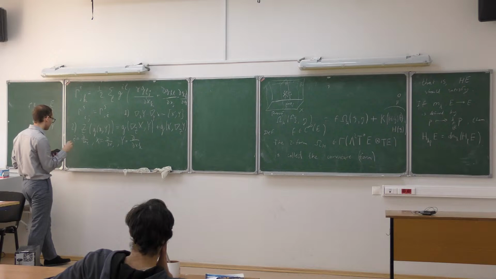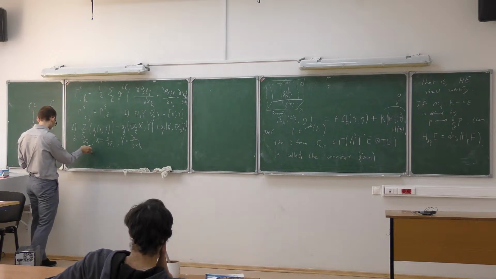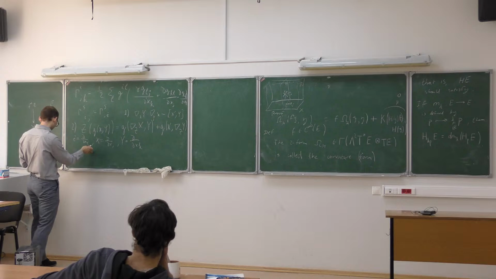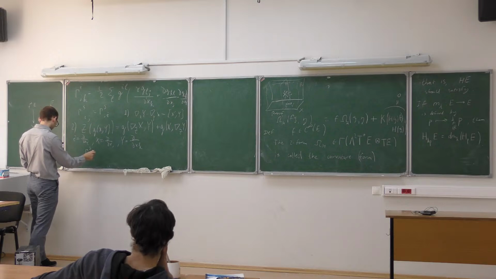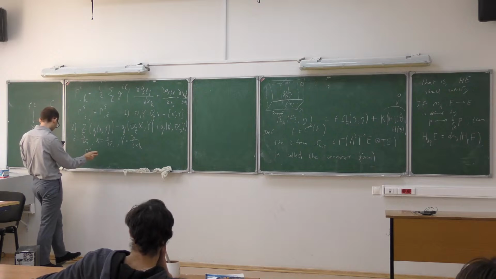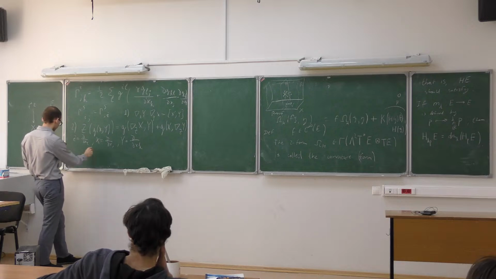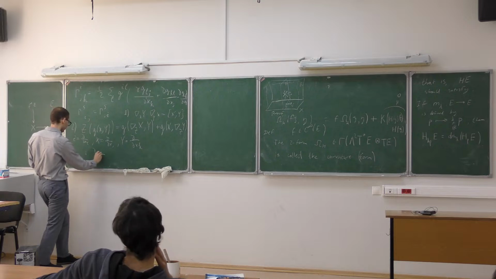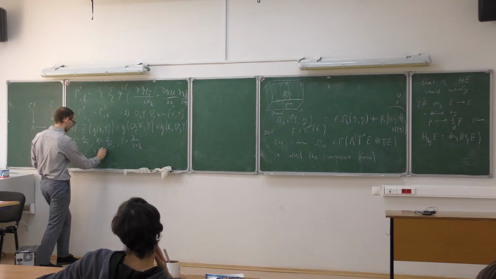The left will be, on the left you will have d over dxi, just the i-th derivative, of g jk.